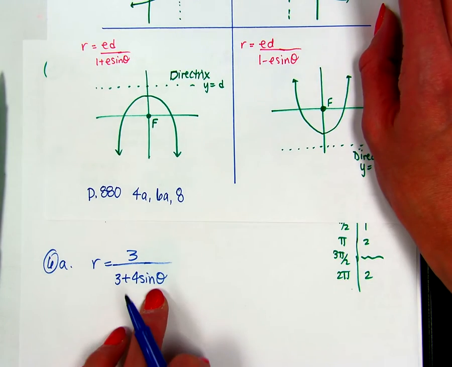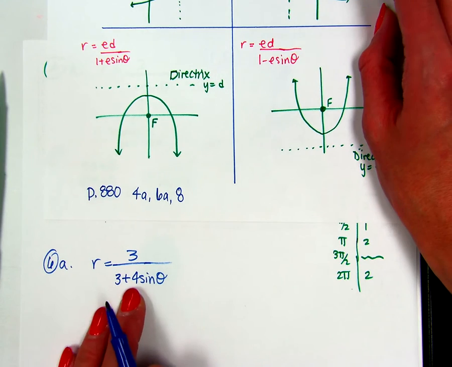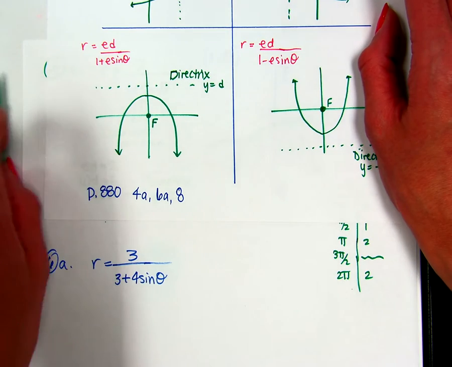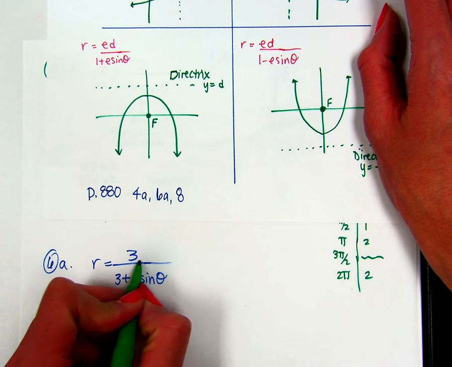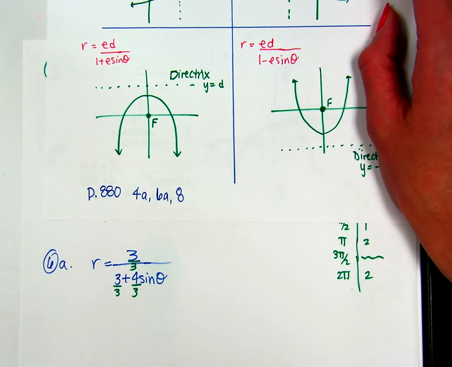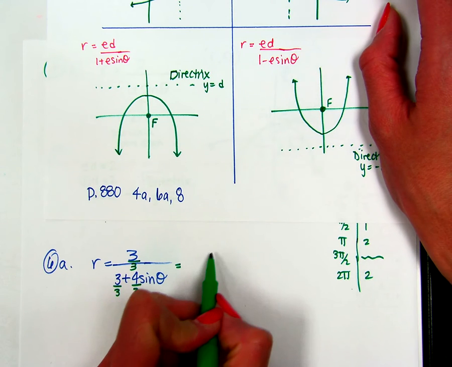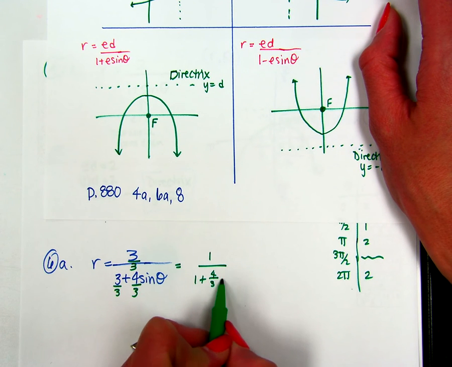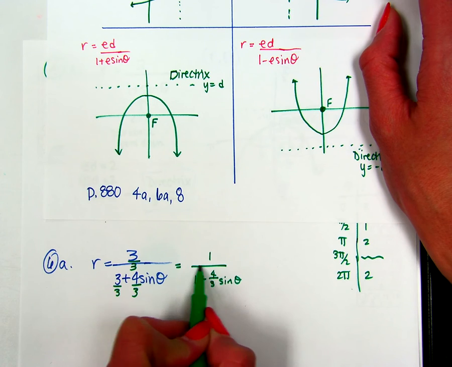Right? It's got sine. It has a plus sign. So it must be this one. Now the issue is this is not a 1. So because it's not a 1, we need to divide everything in the equation by 3. Right? As long as you divide the top and bottom by the same number, you haven't actually changed your equation. So now this becomes 1 over 1 plus 4/3 sine theta.